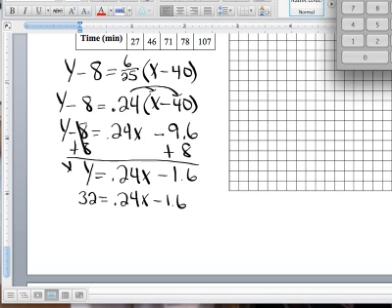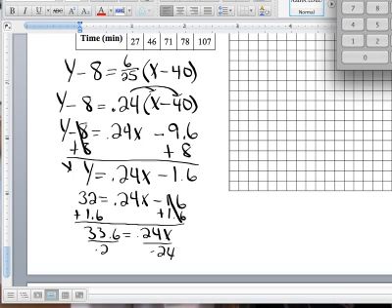So we solve this equation. This now becomes a two-step equation where we want to get x by itself. So we want to get 0.24x by itself. We're going to add 1.6 to both sides. So we get 32 plus 1.6, we get 33.6 equals 0.24x. One more step, we're going to divide by 0.24.